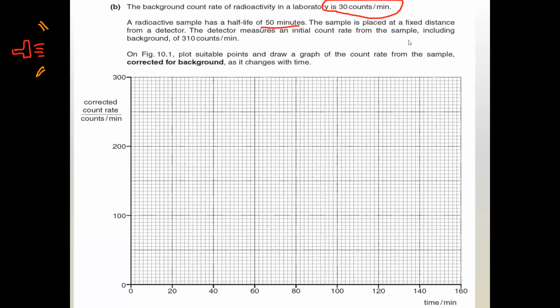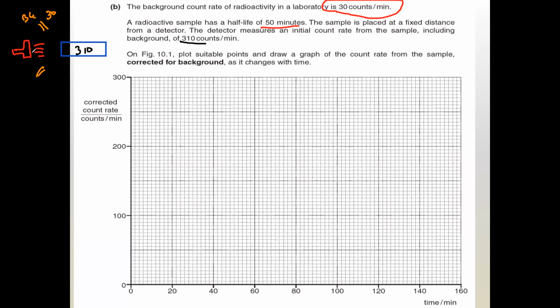When the detector records the radiation, the detector measures the initial count rate from the sample, including the background, as 310. So the detector reads 310. Out of 310, 30 radiations are from the background.